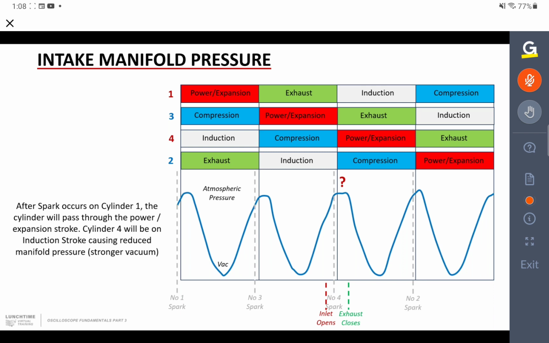I've just highlighted this little bit here for a moment, just another example of a possible problem, and this is probably going to be our last slide. You'll see this slightly flattish peak here, and that's occurring when the inlet opens and the exhaust closes on this particular cylinder here.